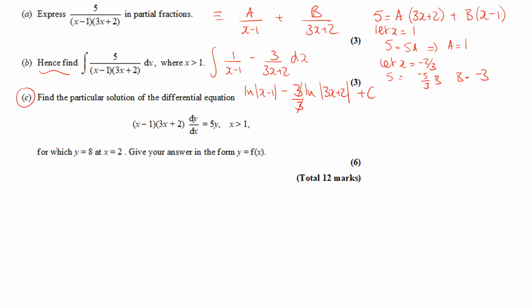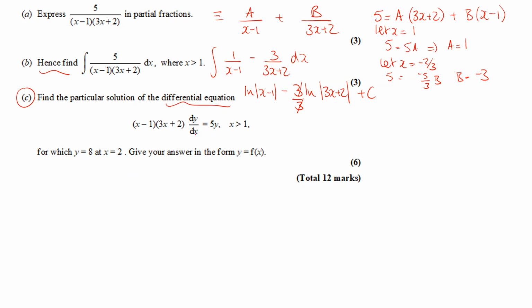Part C, examiners seem to like partial fractions, and if it's with a differential equation question, usually the partial fractions part is more straightforward because now we've got to solve the differential equation, and we've got this here. So what do we do when we're solving differential equations?